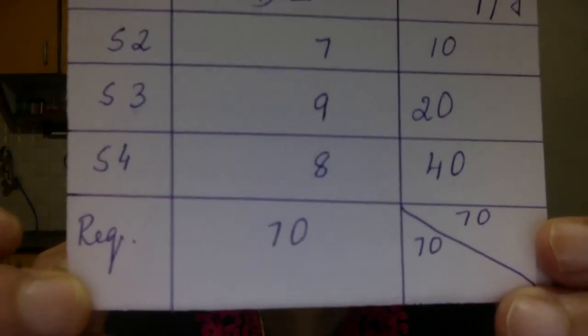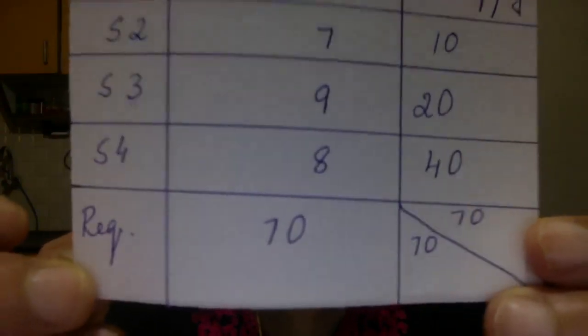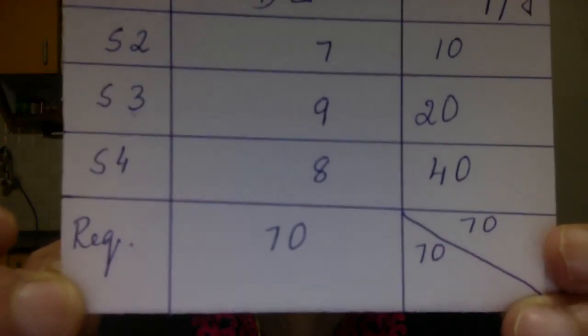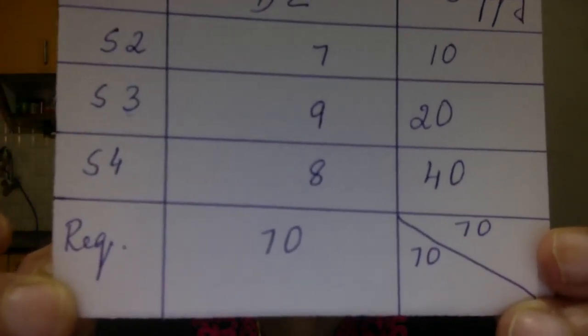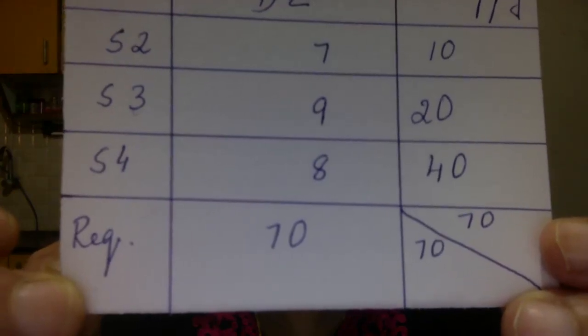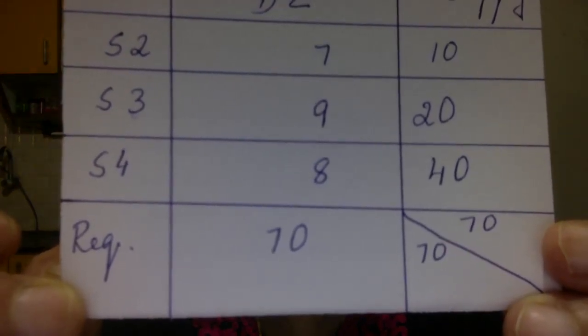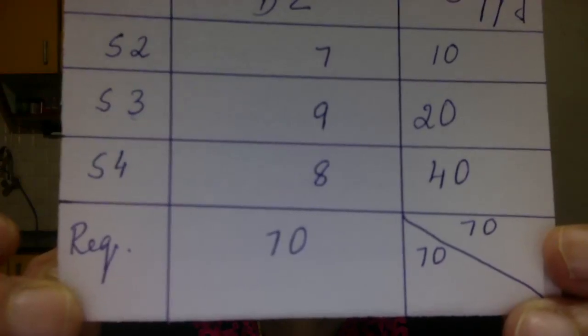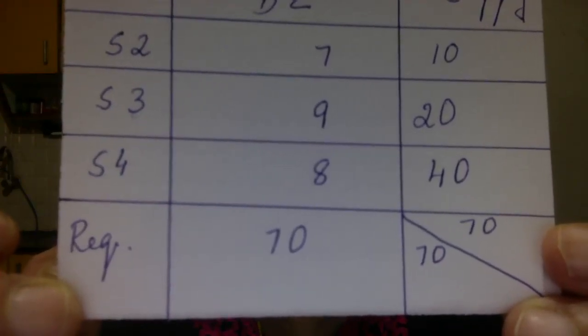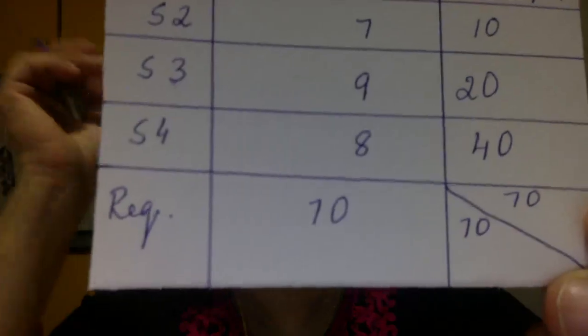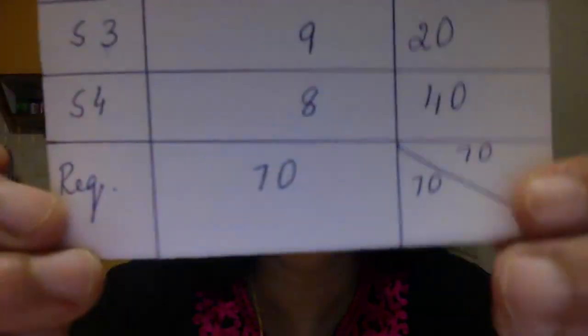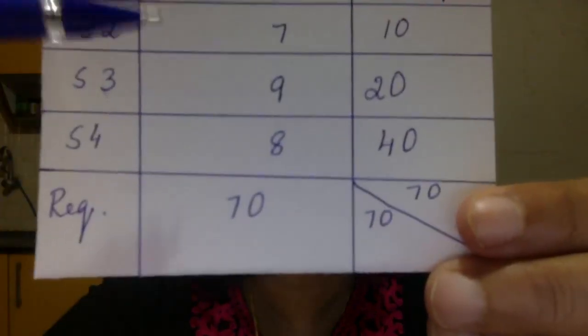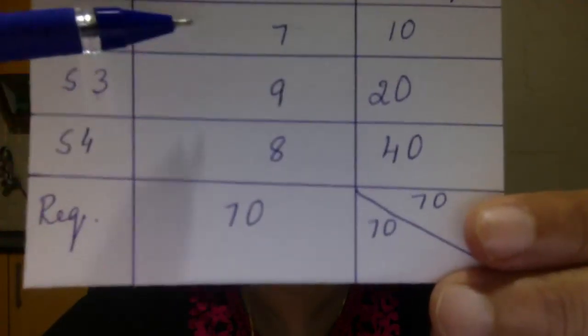Our matrix now looks like this. Right? Now we will go and allot. Now look at this, you have 7, 9 and 8. Here it is obvious to you that first I will give whatever is there to 7.